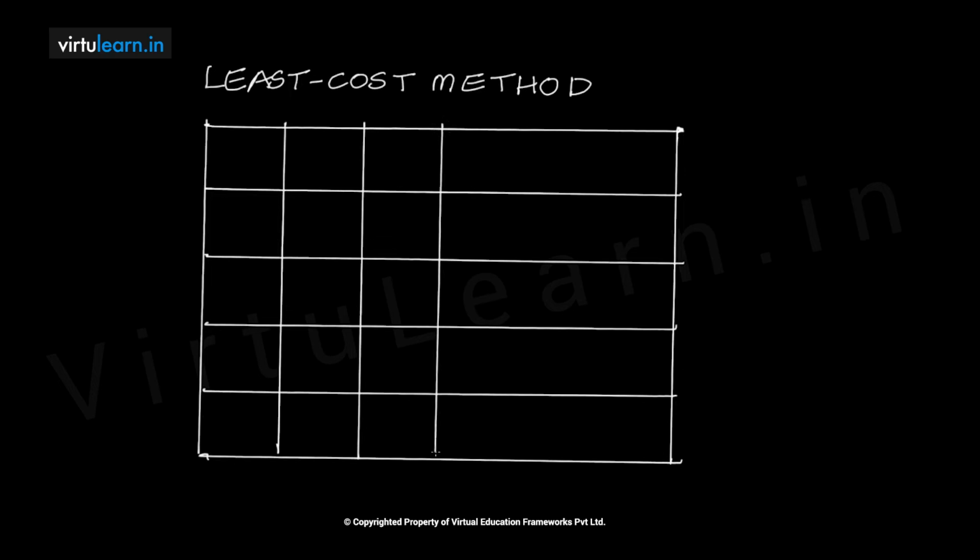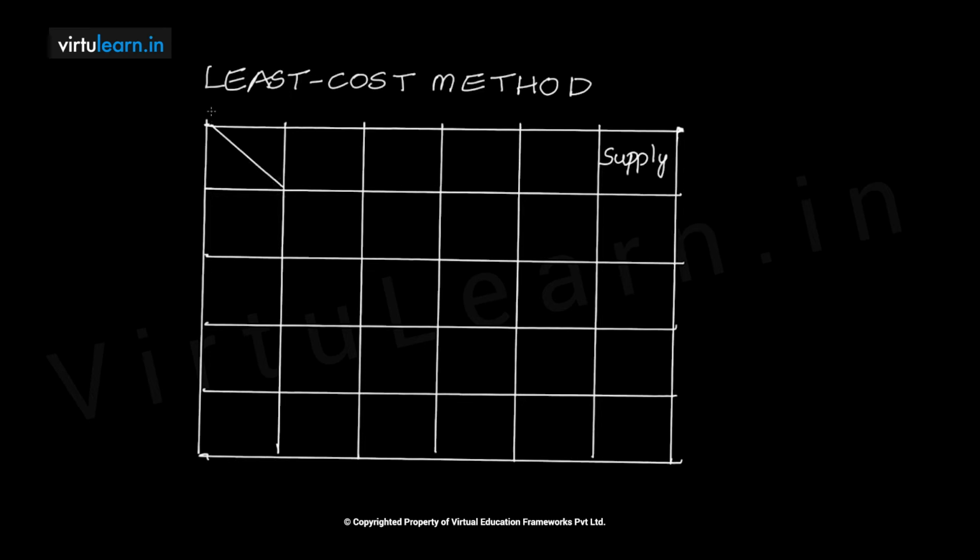The other method we will see is Vogel's approximation method. After this method, we are going to solve the same problem with that method also, to know which one will give us the lowest cost. But most of the time we will find that least cost and Vogel's approximation method give equal cost, though sometimes there may be a variation.